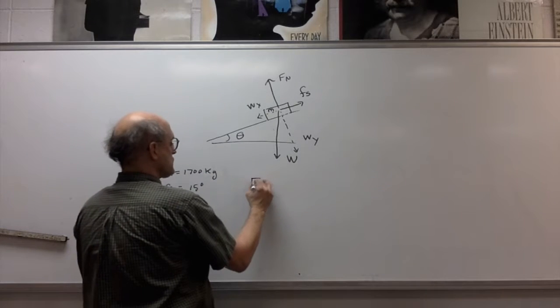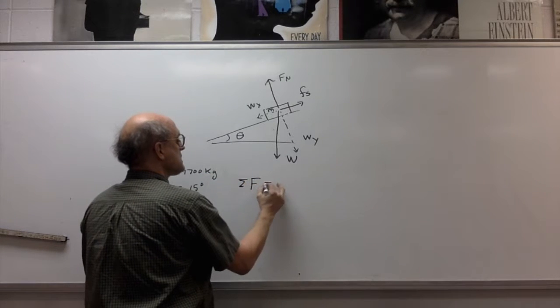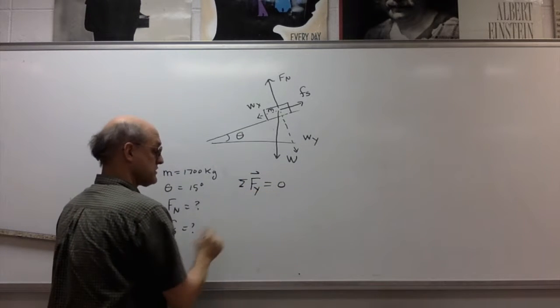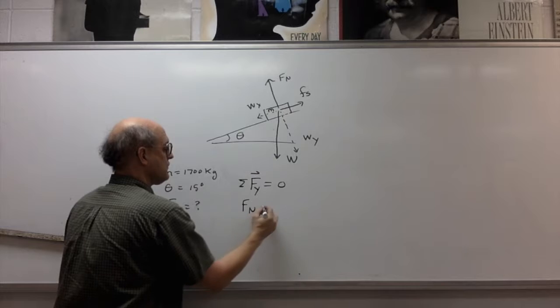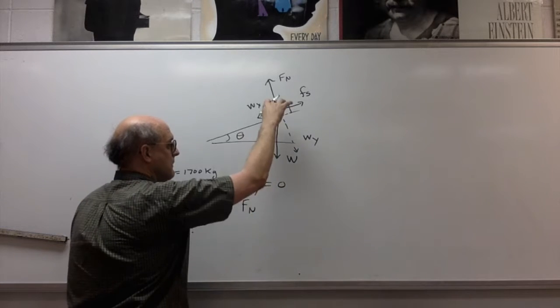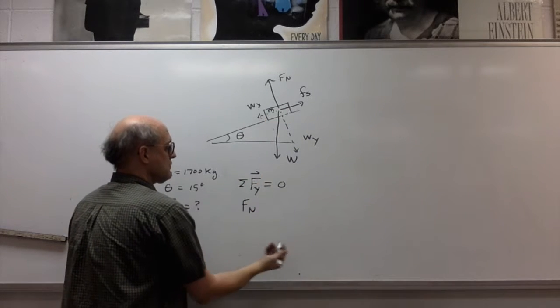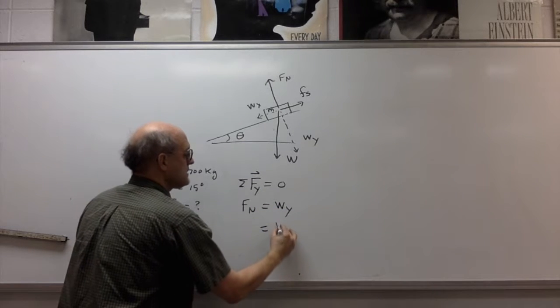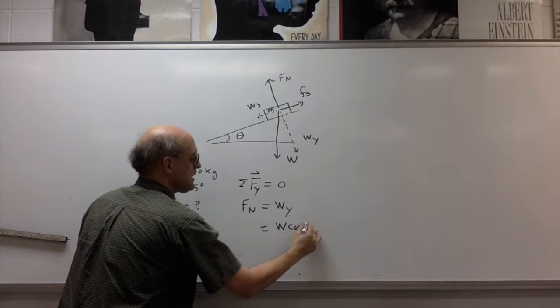So from Newton's second law, which states that the sum of the forces in the y must be equal to 0, the normal force minus weight y is equal to 0, or the normal force is equal to weight y, where weight y is equal to the weight times the cosine of theta.